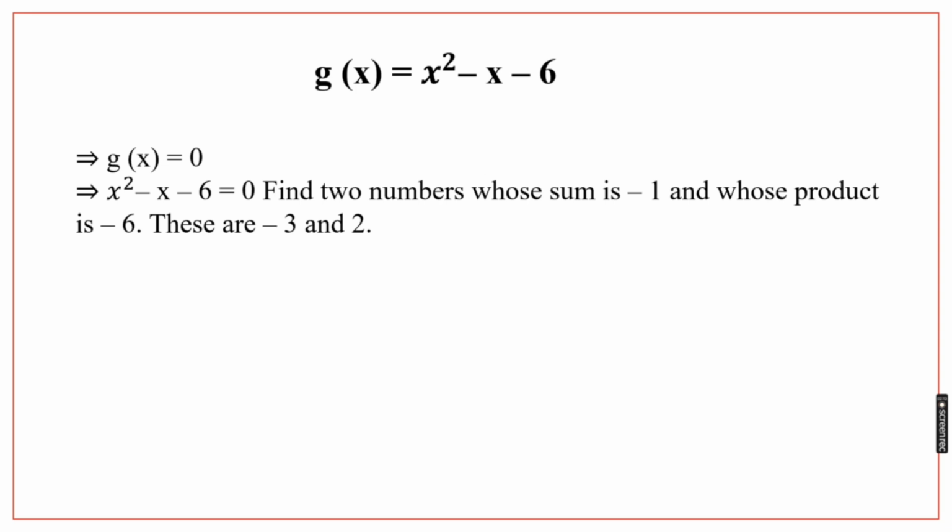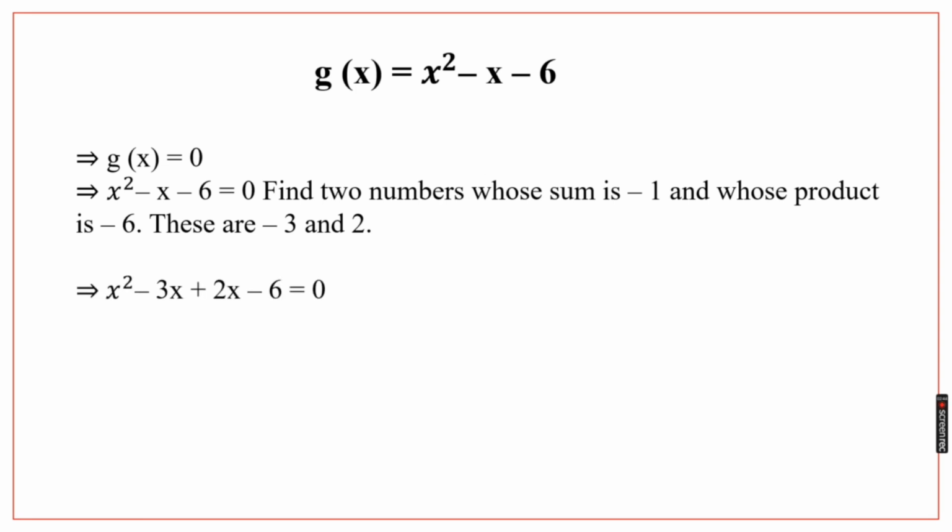So there are two numbers which give those two values. Those are -3 and 2, because when we add them, they give -1, and when we multiply both numbers, they give us -6.